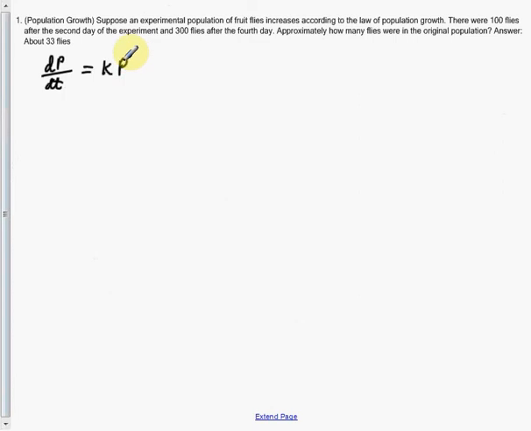I want to solve this differential equation by separation of variables. I think there was a section in calculus, maybe it was section 6.2, where we dealt with population decay, population growth, and it was an introduction, if you recall, to differential equations. And in there, we solved by separation of variables. So I'll show you.